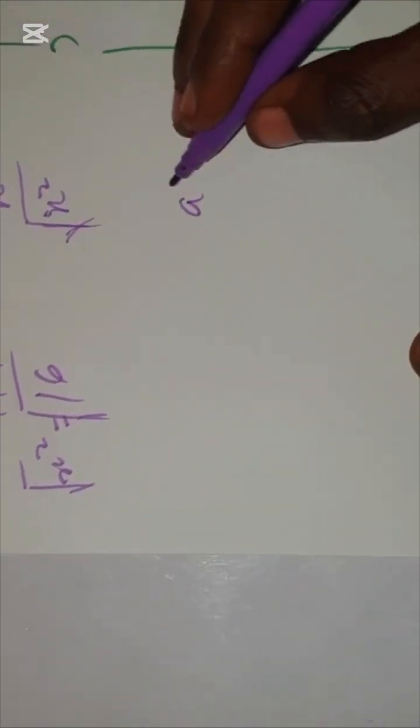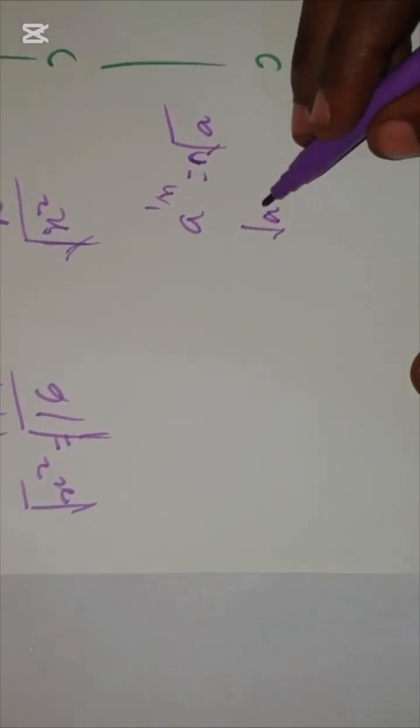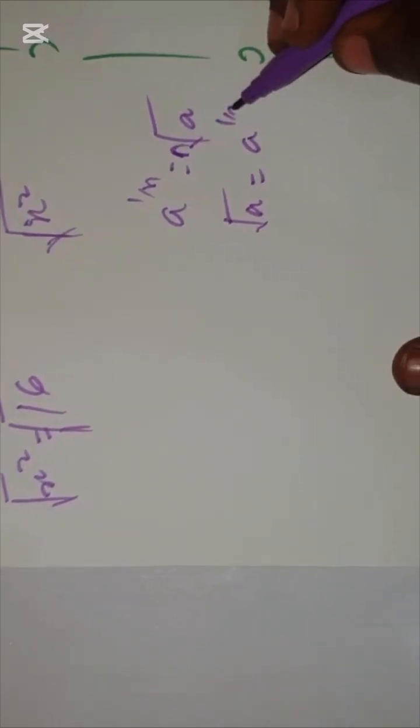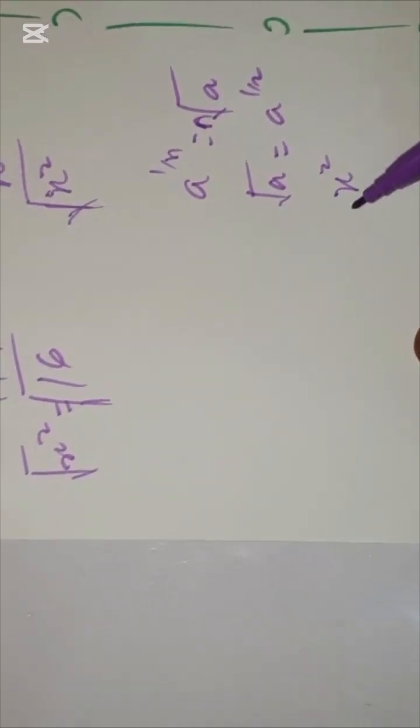And this can also be proven in another way. We know from the laws of indices that a to the power 1 over n is the nth root of the number. So if you have the square root of a, it is a to the power half. But from this question, we have x squared. We want to get rid of the squared, so we root.